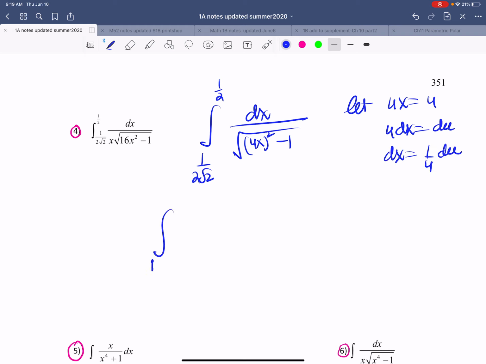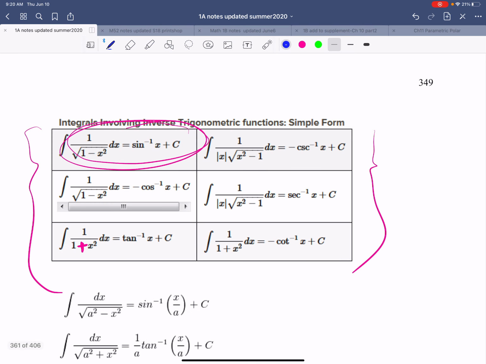So when I convert this integral into the u integral, this would be du, and 1/4 goes in the front, over the square root of u squared minus 1. There is an x in the front as well, which is u. So 1 over u, and then square root of u squared minus 1. And that's what we have for secant inverse x.